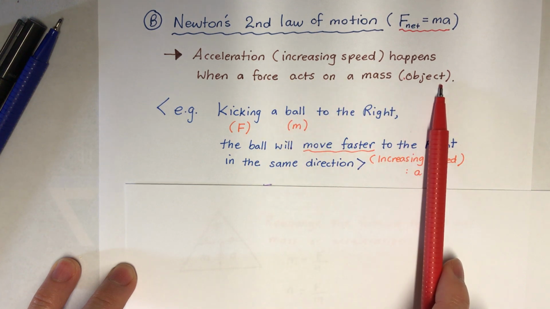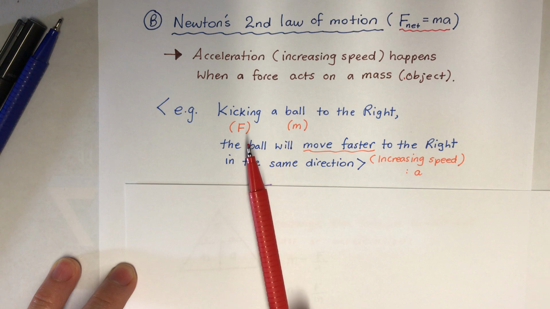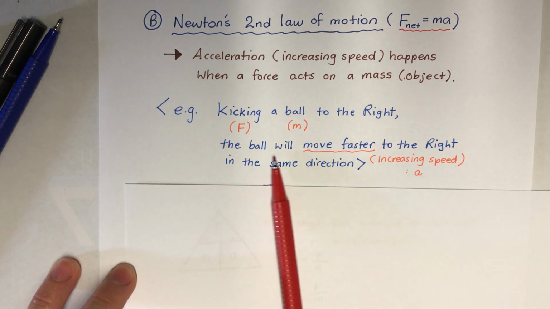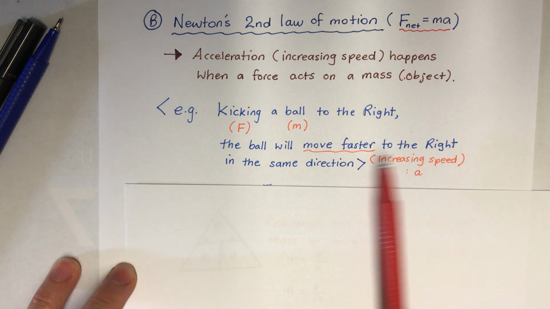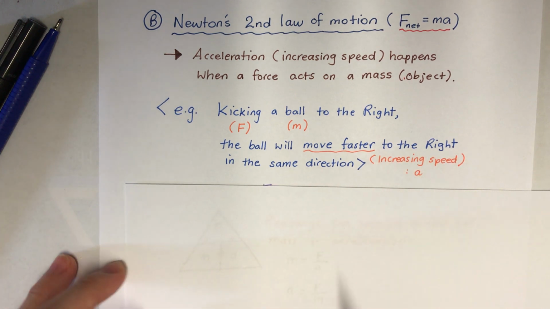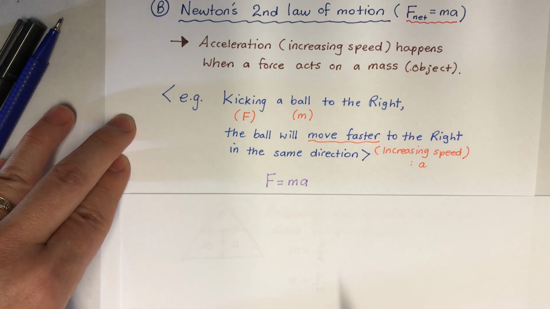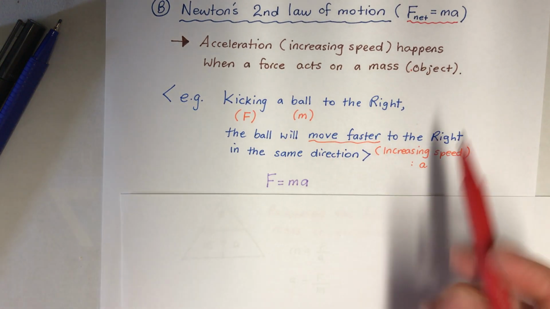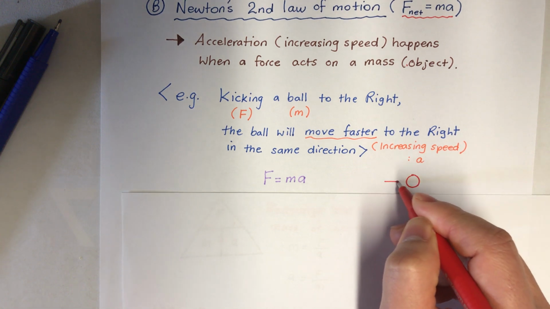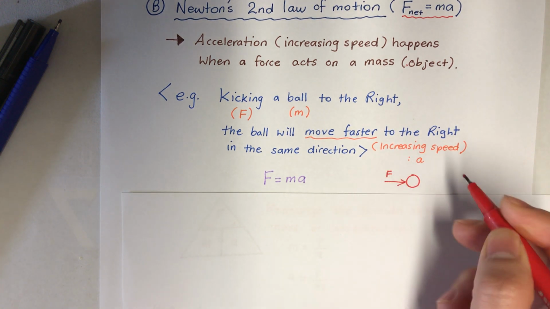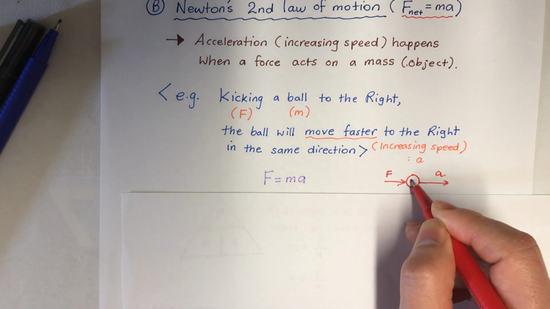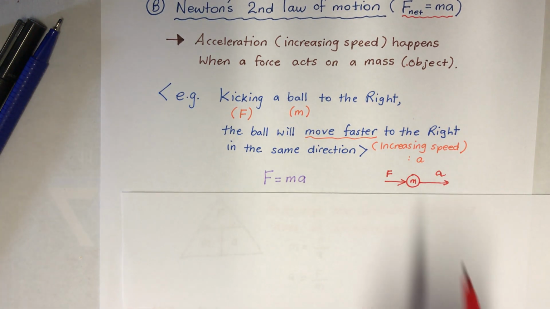For example, kicking a ball to the right hand side, the ball will move faster to the right in the same direction as the force. If there's a ball here and you kick it, that's your force, and then the ball will go to here faster with acceleration in the same direction.